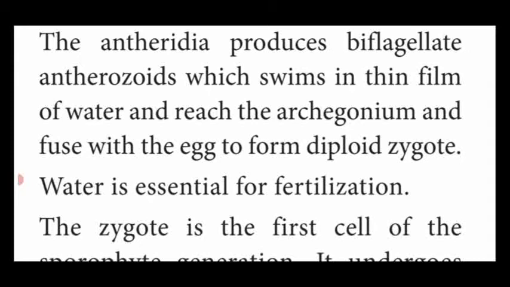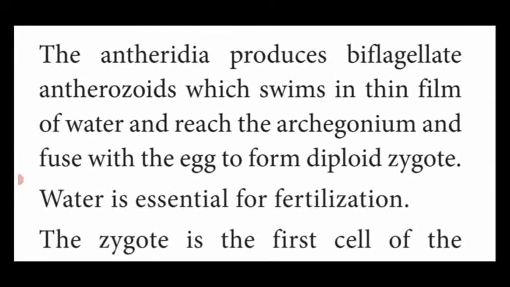Dear students, in the last video class we saw the life cycle of Chara. The antherozoids are multiflagellate, with many flagella. But see here, in bryophytes, antheridia produce only two flagella. That is said to be biflagellate antherozoids, which swim in a thin film of water and reach the archegonium.